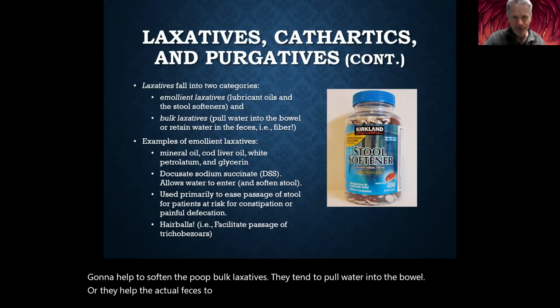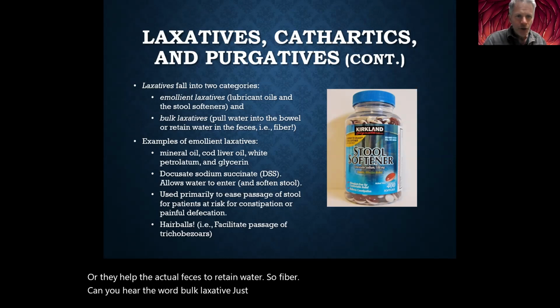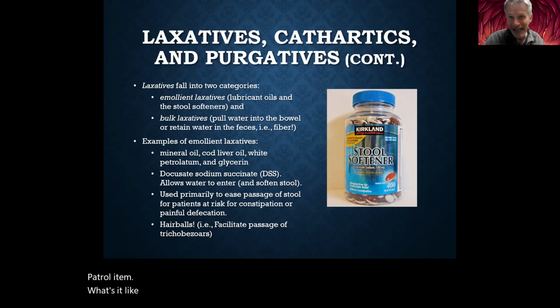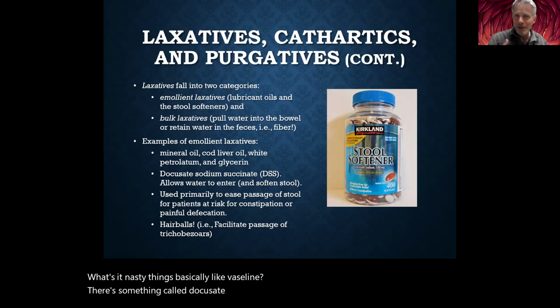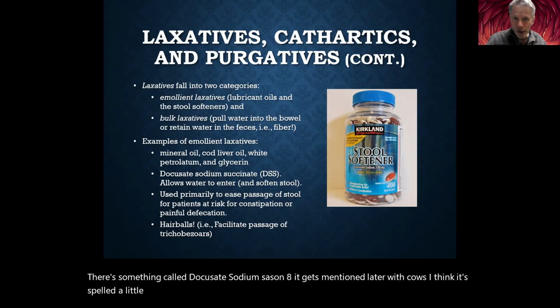So when you hear the word bulk laxative, just think fiber. Examples of the emollients would be mineral oils, petrolatum, basically things like Vaseline. There's something called docusate sodium succinate. It gets mentioned later with cows. I think it's spelled a little different. That's not an oil, but it will help to pull water into the feces.